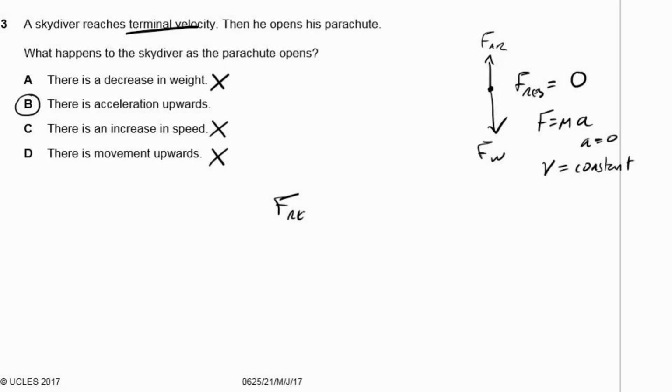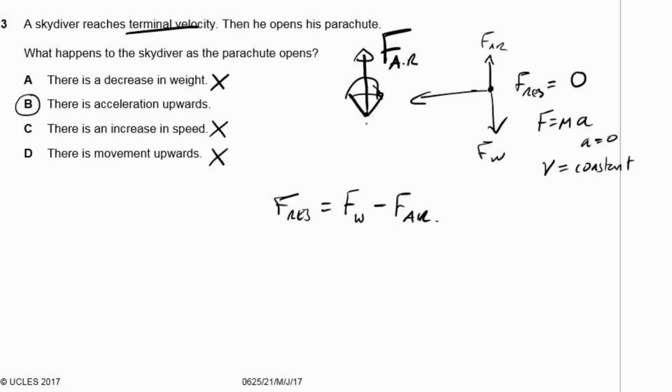The resultant force is equal to, say, the force of weight minus the force of the air resistance. When our little dot here becomes a dot with a parachute, then our force due to air resistance becomes much bigger, and our force due to the weight remains the same.